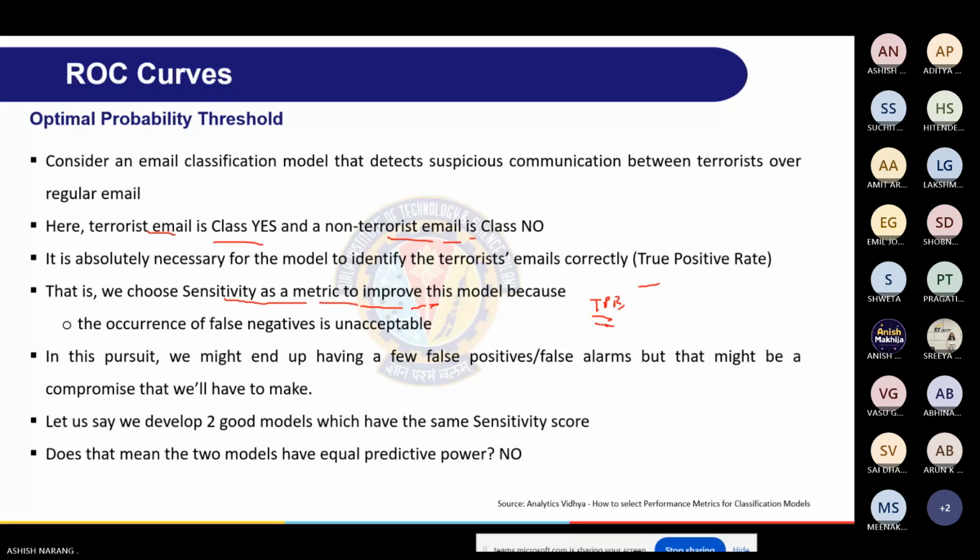Now, once the true positive rate is the same, what will differentiate the two models? How will I say that model M1 is better than M2, because the TPR is the same for both M1 and M2? What other metrics should I check, basis which I will say M1 is better than M2 or M2 is better than M1? Any thoughts around this?